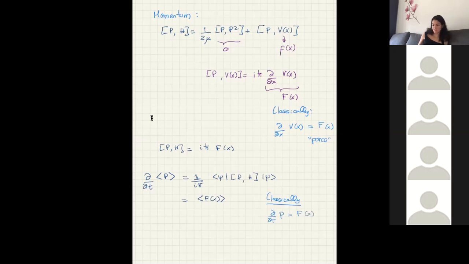And the special case of this, because the momentum classically is the velocity times mass, is that if the mass does not change, if d/dt of m is 0, then what you get here is that dp/dt is just mass times the acceleration, so the derivative of the velocity, and this is the force.